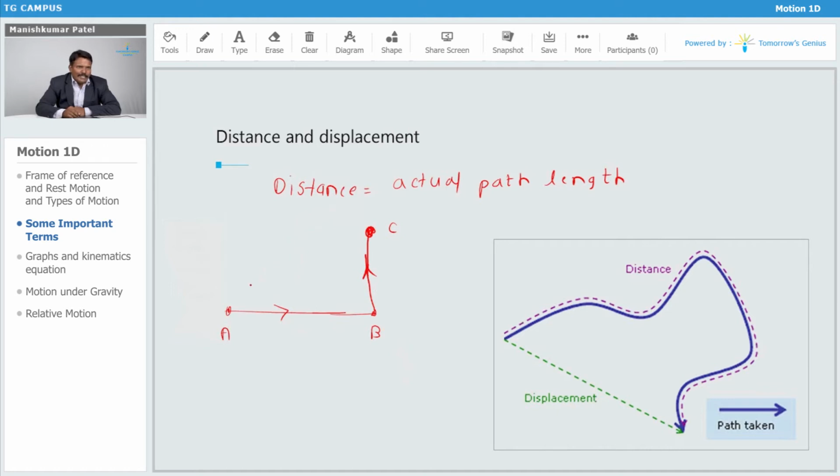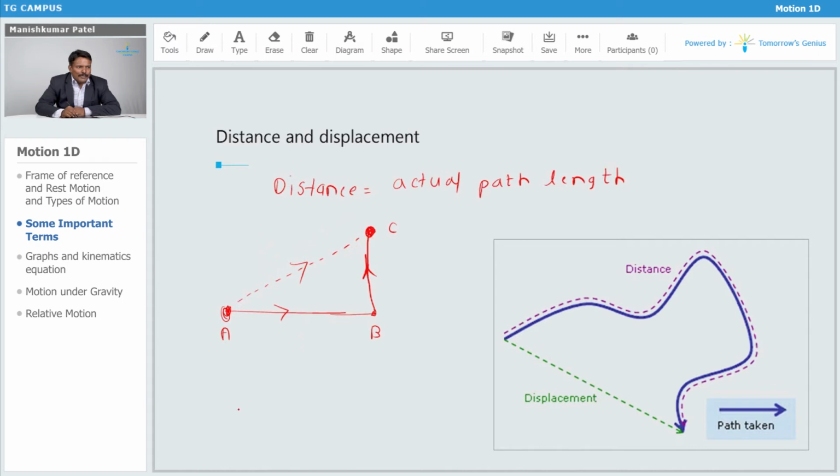But on another day, there might be a possibility that you will directly reach the school. So this is the path that you can take, which is the shortest one. That means this shortest distance between the initial and final position, we are going to call it displacement. So the displacement is the shortest distance between the initial and final position.